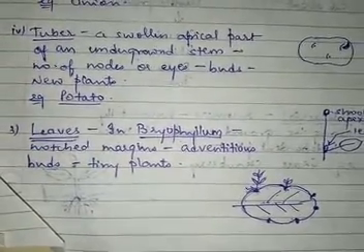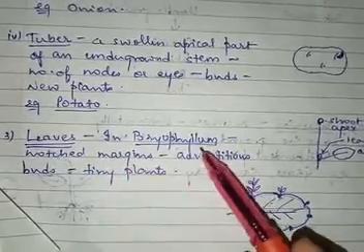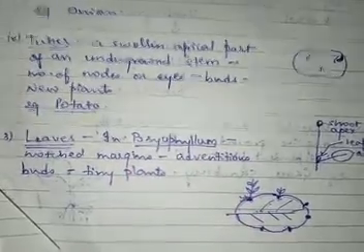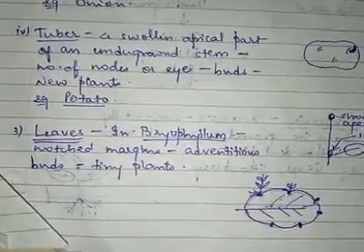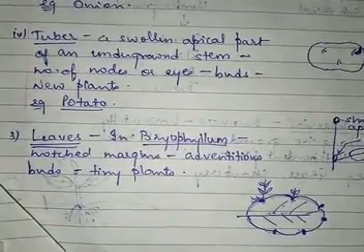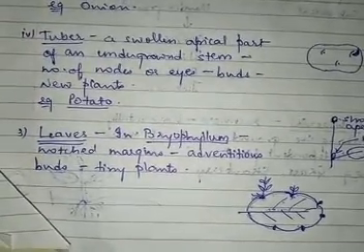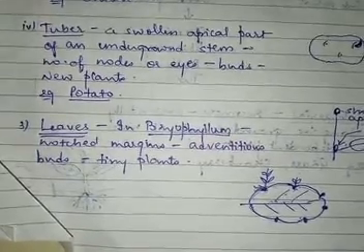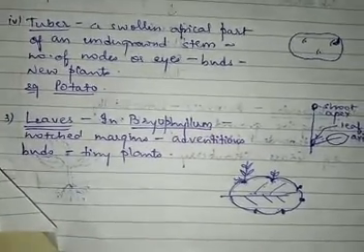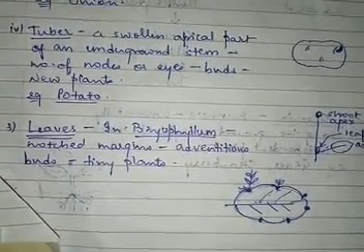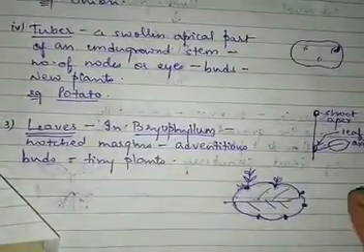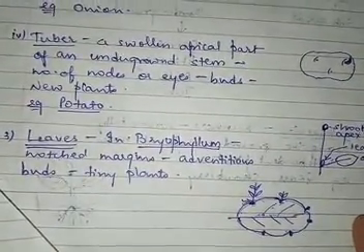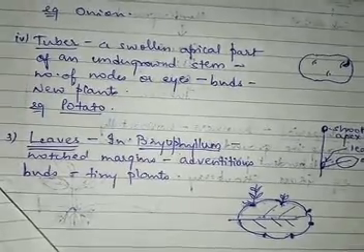Understanding? So this way the leaves of the bryophyllum carry out the vegetative propagation. So we have studied the natural type of vegetative propagation in plants by root, by stem and by leaves. In the next video we will be studying about the vegetative propagation, that is artificial one. Okay, right? Fine.